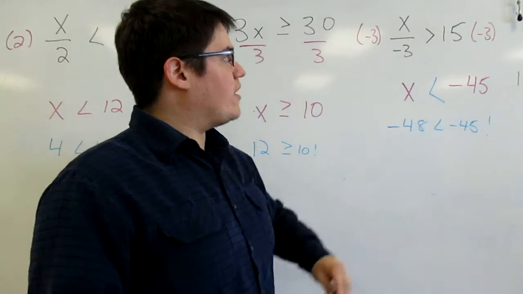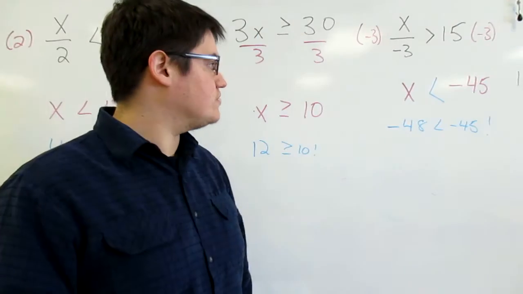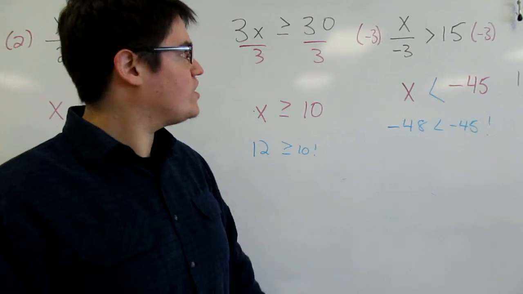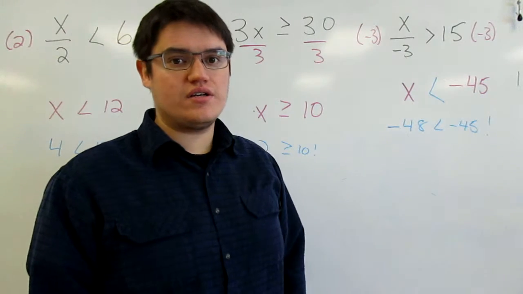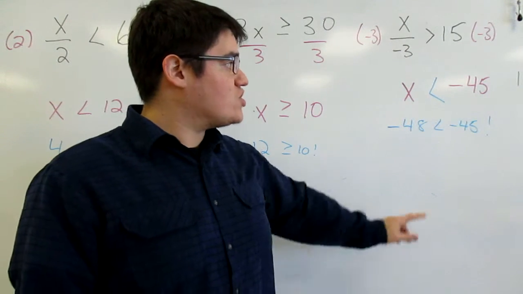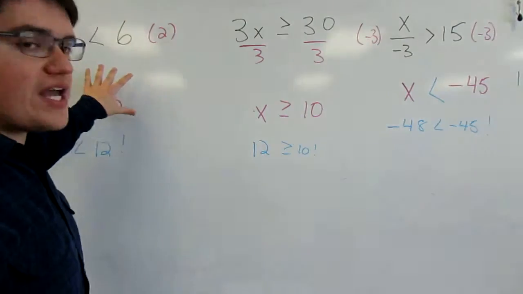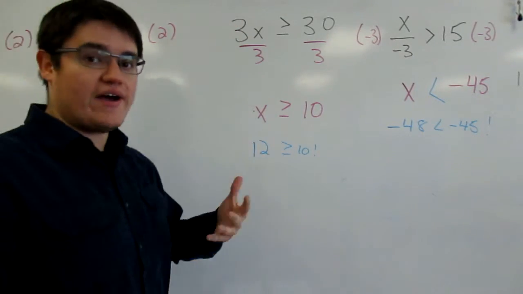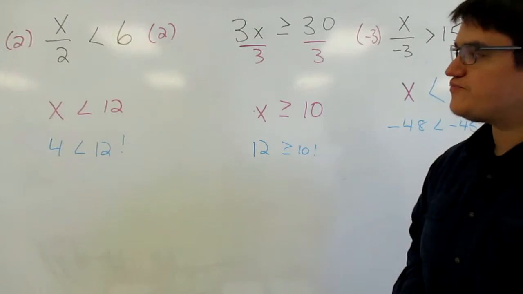Now let's come up here. Negative 48 divided by negative 3 gives us 16, positive. Is 16 greater than 15? That's true. So if we flip the sign, then we ran into the same case we had here, where it was true for both of these after we did some dividing or multiplying.